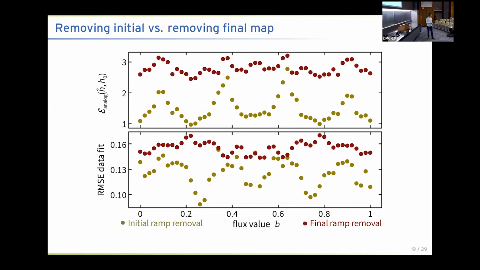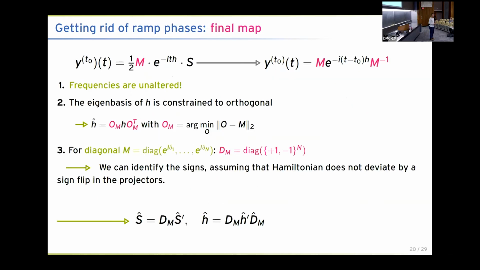We looked at this in the data and we found that it's better to remove the initial map if you want to improve the recovery of the Hamiltonian, in the sense that the Hamiltonian that we recover is closer to the Hamiltonian that the experimentalist expects that he has. And it's also better in terms of actually fitting the data.